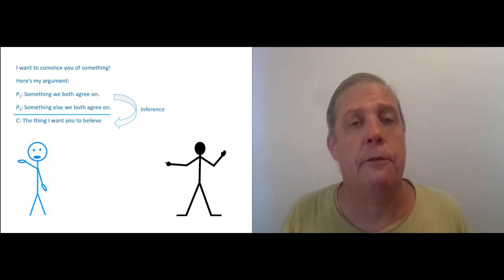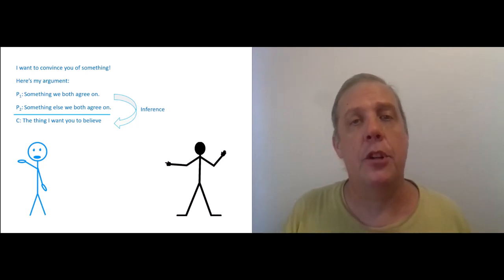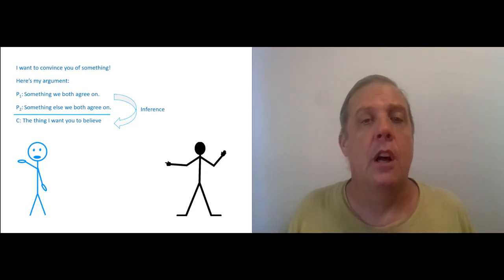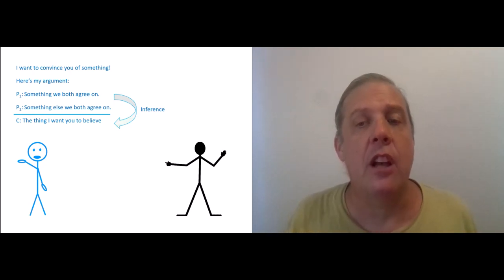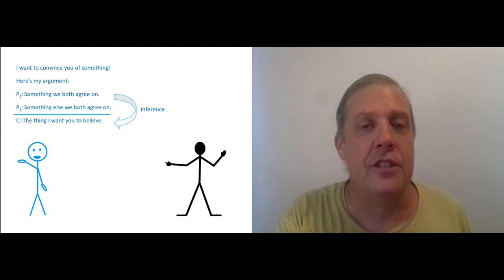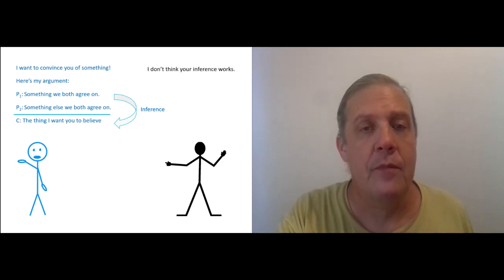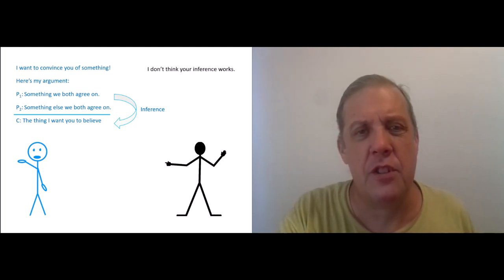So he's inviting the audience to go on this motion from these premises to this conclusion. And as I have said before, this motion is inference, right? We just want to move from evidence to conclusion. And what's supposed to happen is that the other guy would say something like this. I don't think your inference works.